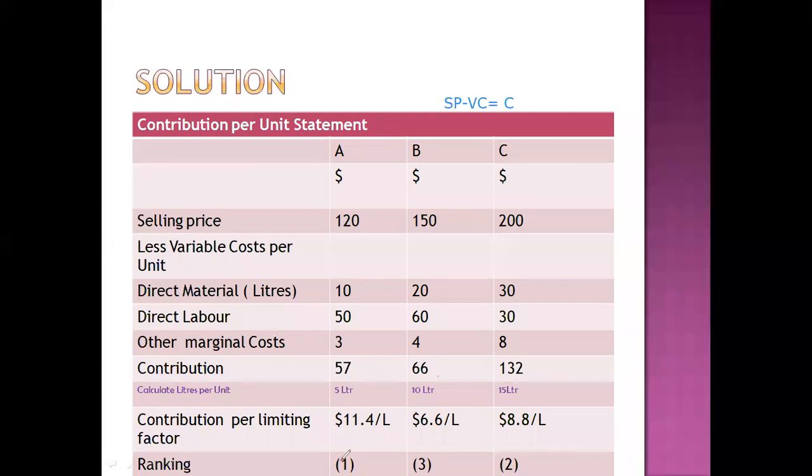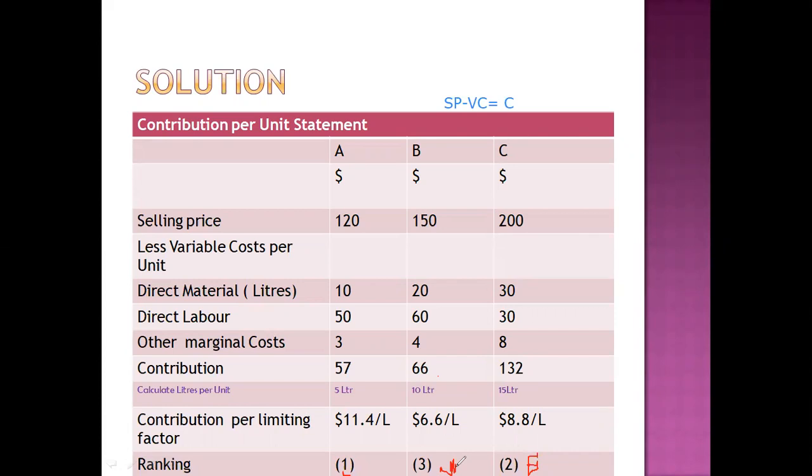We need to maximize the production of A. In terms of contribution per liter, C is contributing 8.8, unlike B, which is contributing 6.6. So we rank C number 2. Then the last production that we are going to make is on B.